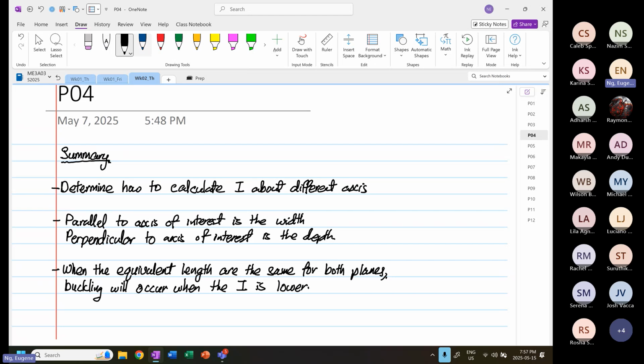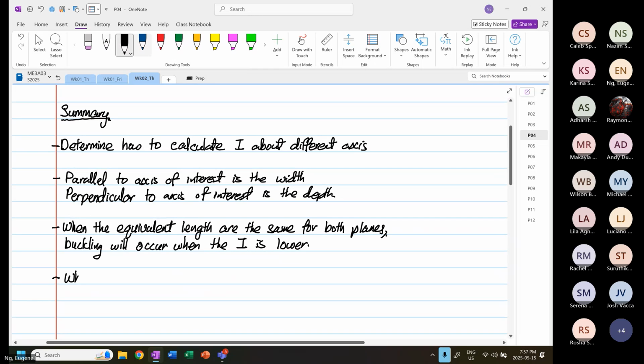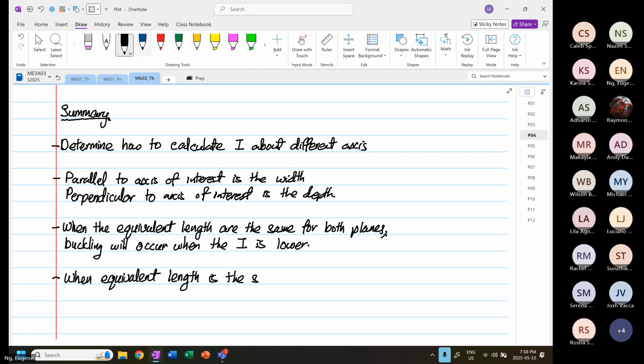When the equivalent length is the same, it means that the end conditions for both planes are the same.